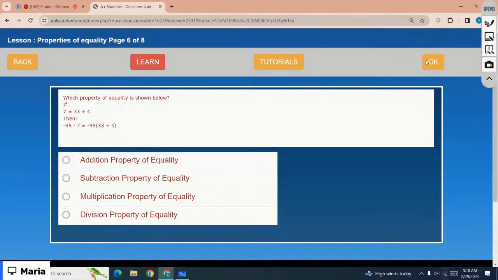Which property of equality is shown? Yes, that is the multiplication property of equality, sorry.